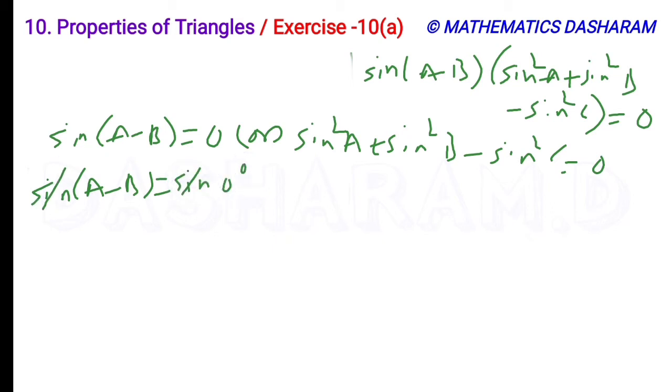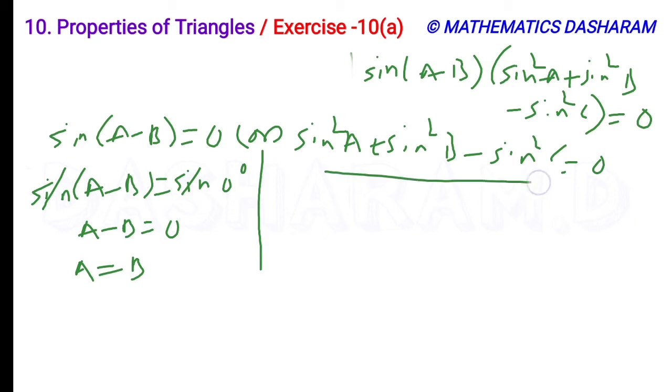So sin cancels, A − B equals 0, then A equals B. So what is the meaning of this? A and B are both angles of a triangle, so two angles are equal, so ABC is isosceles. So what about this?